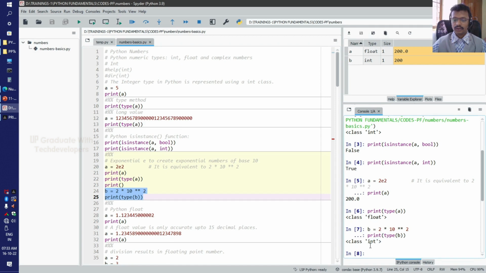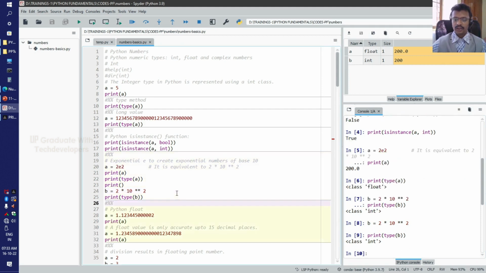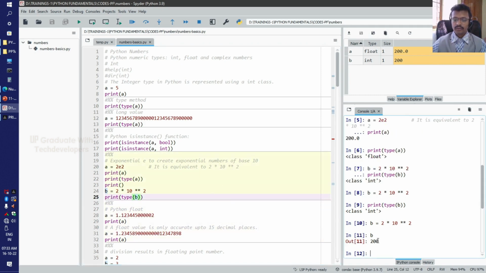Again, look here, but the value obtained in this method, that is 2 into 10 to the power of 2, the normal mathematics, is of type int instead of float. The value remains the same, that is 200, but it is of type integer, not float.